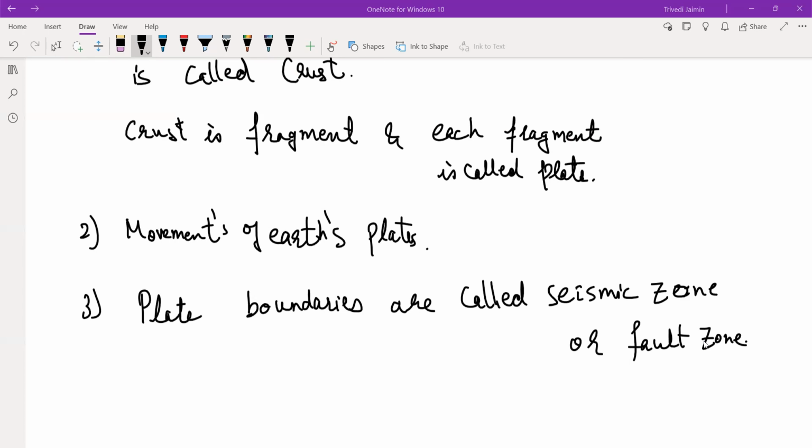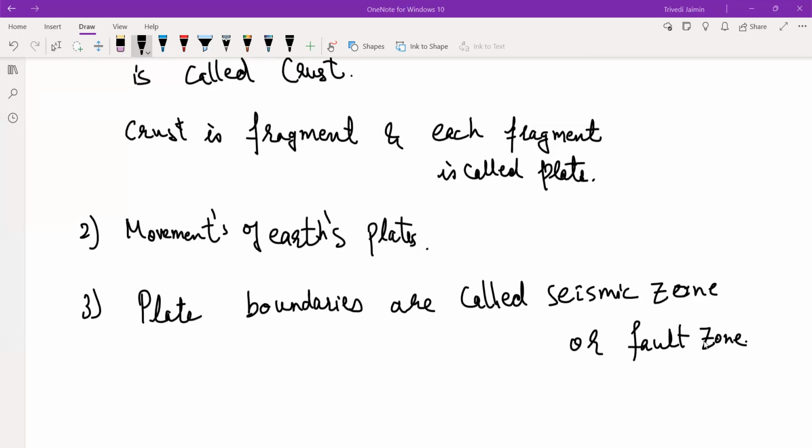Both are correct, because of the plate boundaries we can actually know the shaking or trembling of the earth. In our school, they wrote it as the areas which lie on the boundaries of these plates are called weak zones or seismic zones. And in ours, they gave it as lithospheric plates.